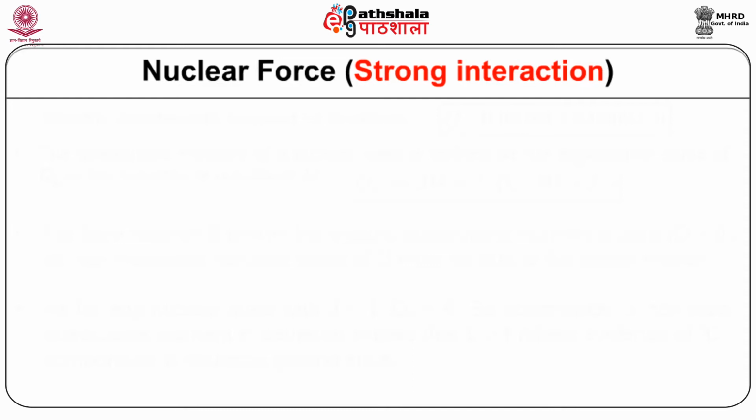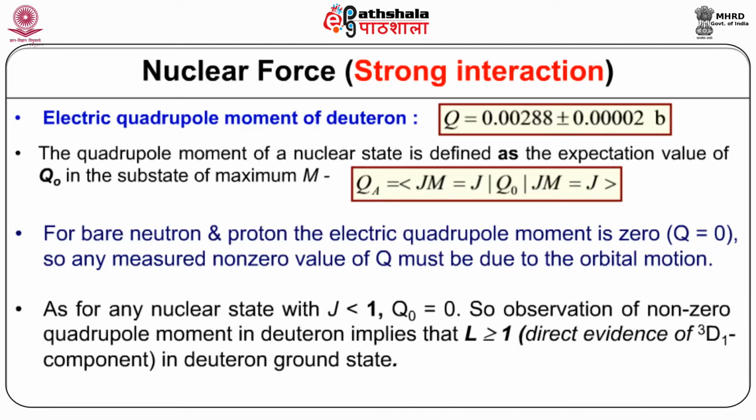Now in this slide, we are going to study the situation with the electric quadrupole moment. The measured value is Q equal to 0.00288 plus or minus 0.00002 barn. We must remember that the presence of a quadrupole moment for the deuteron indicates that the deuteron is deformed in the ground state.